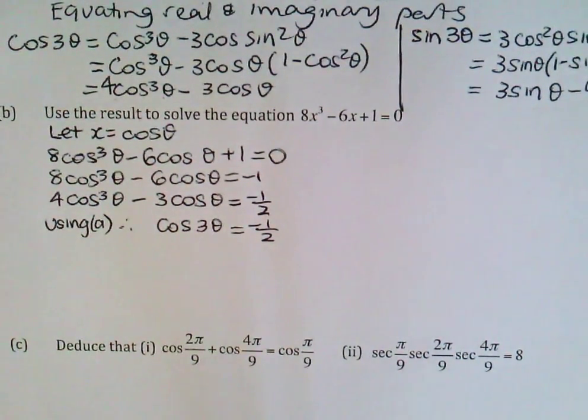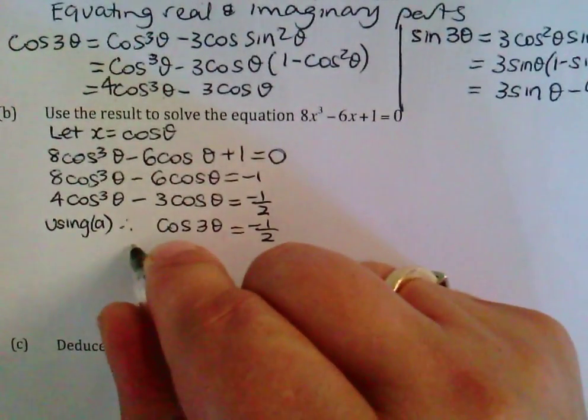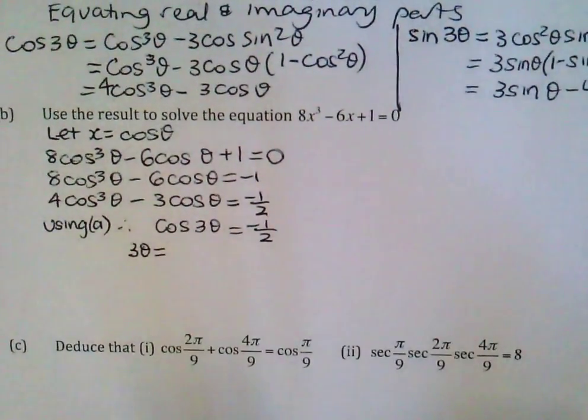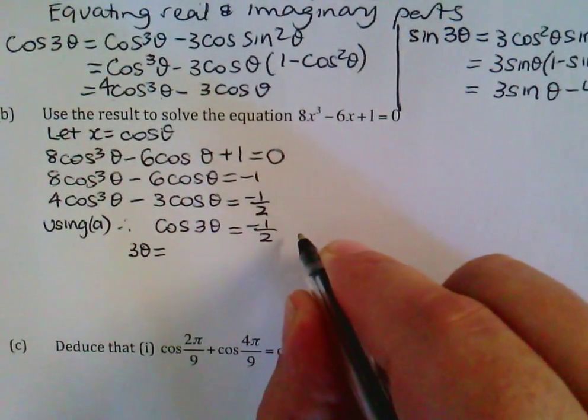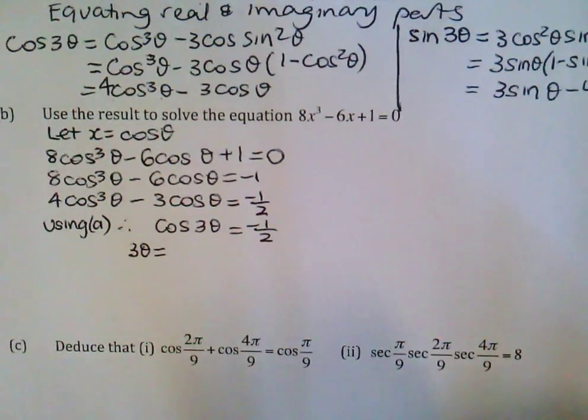Remember, if you're doing general solution where cos of something is negative, the first negative quadrant for cos, which gives you the smallest value, is quadrant 2. So therefore 3 theta equals, now I'm going to write down what those solutions are. Remember, we're looking at quadrant 2. Acute angle is 60, right?